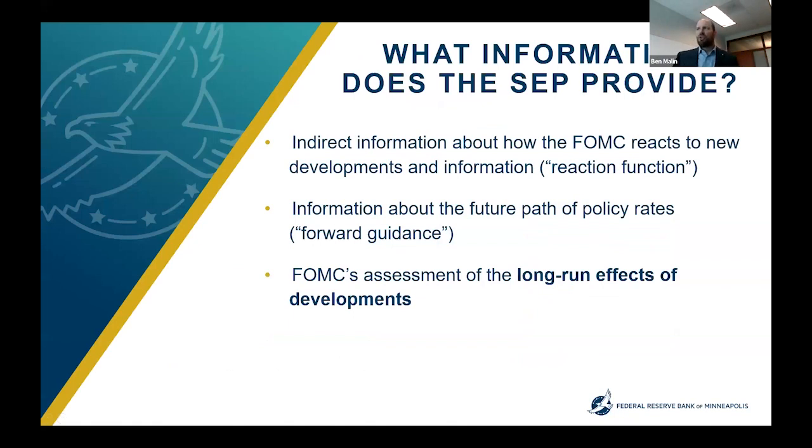Let me mention two final bits of information that the SEP provides. One is that the FOMC provides an assessment of the long run effects of developments. So we just heard a question about transitory. You can think about very, very persistent effects, like what's the effect of economic developments on how we expect the economy is going to behave 5 years from now, 10 years from now, okay?